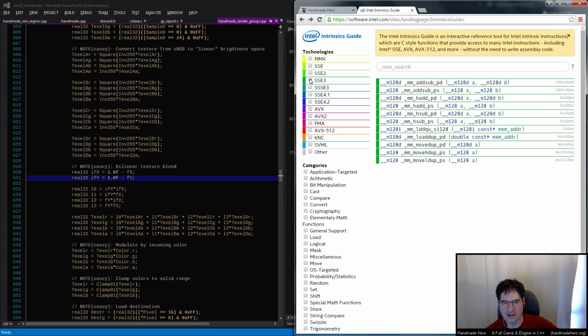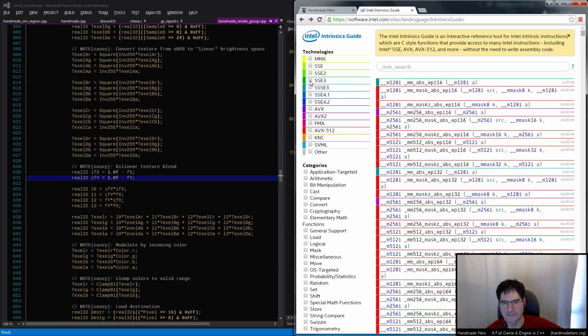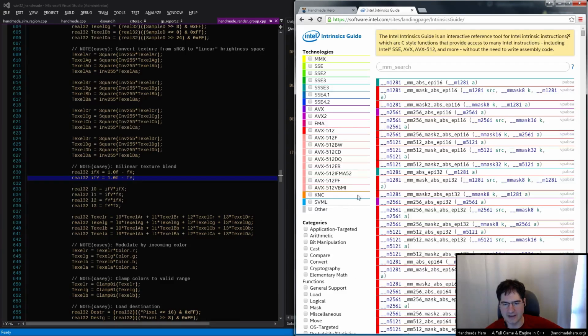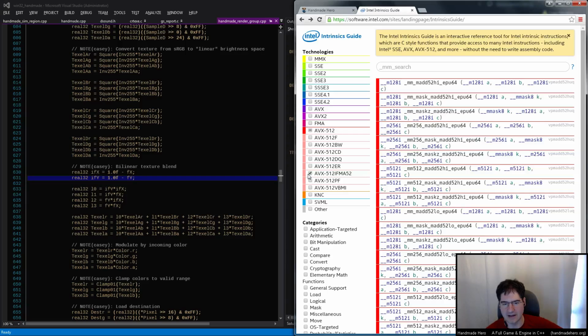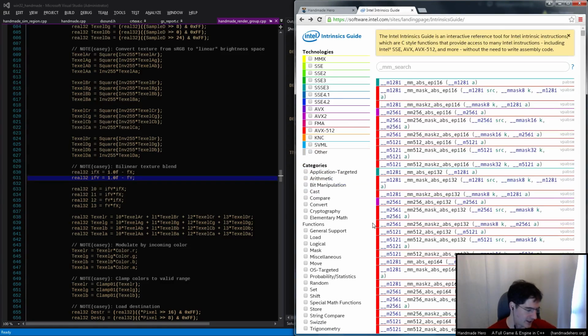Normally if I click on SSE3, this shows me the stuff that the SSE3 caps bit would tell me if it had it. Caps bit's not really the right term, but if I check the CPU ID and I know it has SSE3, I can call these. That's how that works, right? But I just don't understand what this means. So I've got to go read the architecture reference manual and find out what all of this meant. Since AVX 512 isn't out yet, I haven't bothered to research how that works, but yeah, it's just kind of crazy is all.